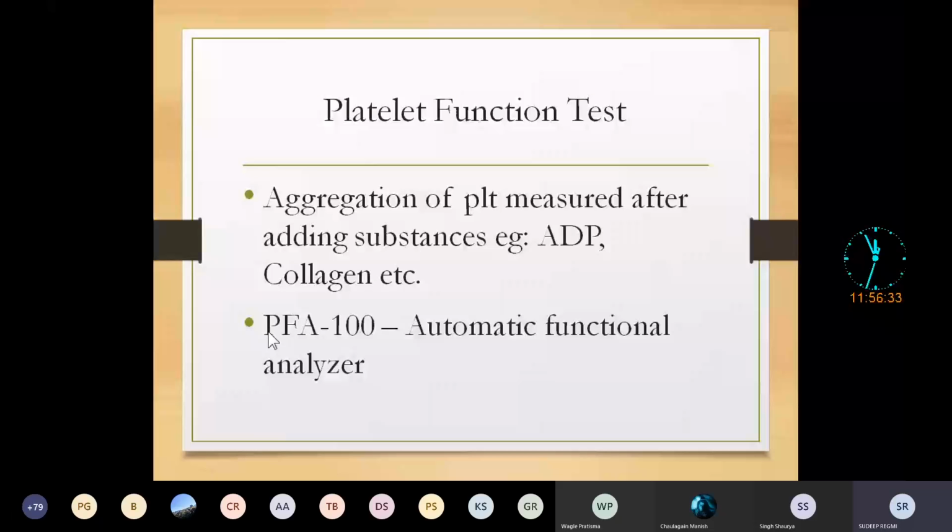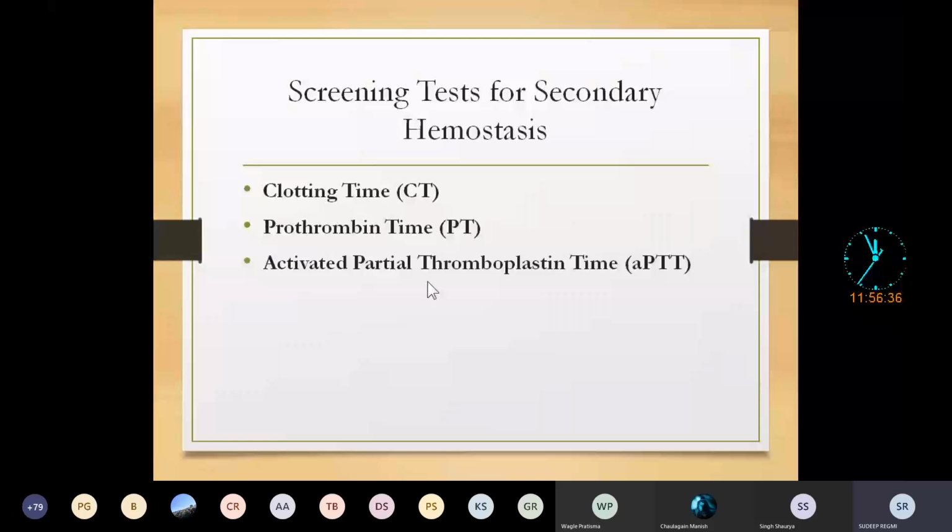Now we come to the screening test for secondary hemostasis. In the primary hemostasis, we looked for the platelet count and bleeding time, and the other is platelet function. So these three things we looked at in the screening tests for the primary hemostasis.